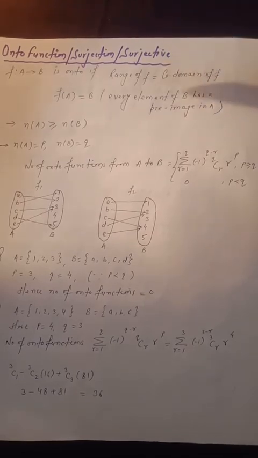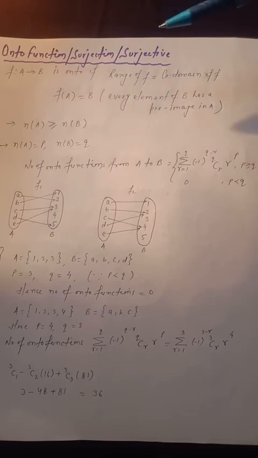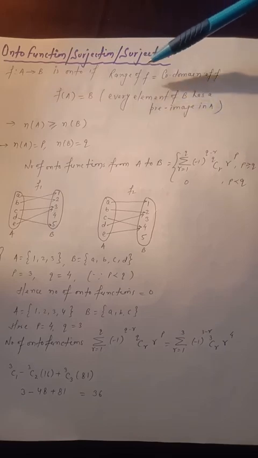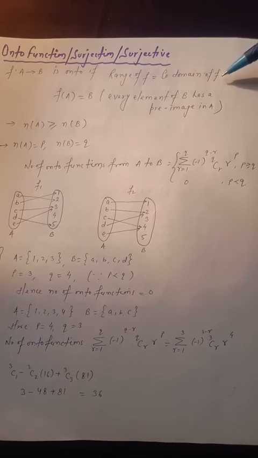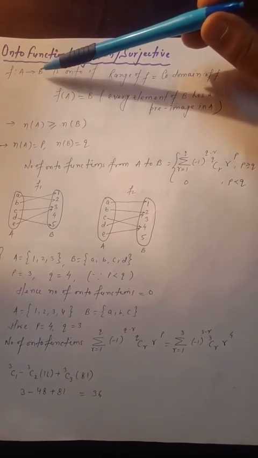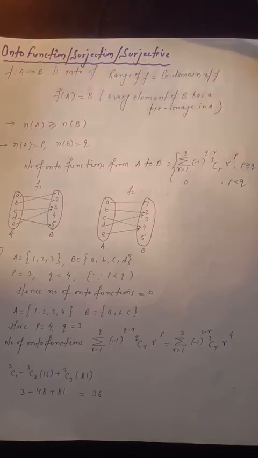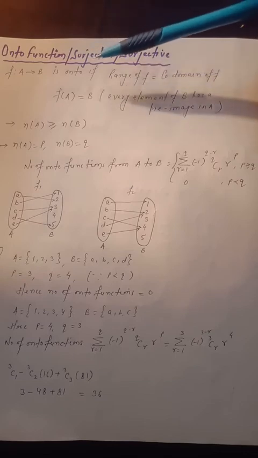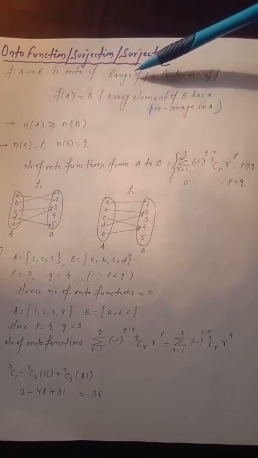So if a function is defined from set A to B, it is a surjection when the range of the function is equal to the codomain of f, or codomain of f means set B. It means when the elements of set B are equal to the range of f, the function is onto.